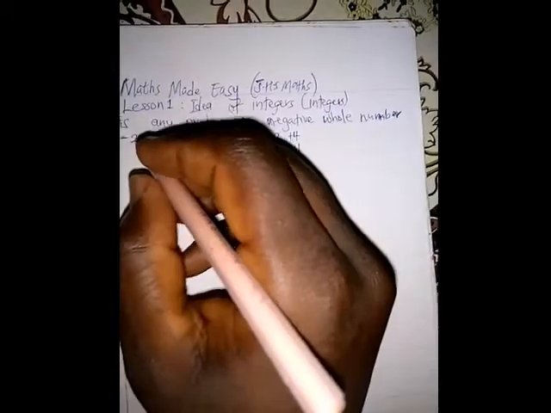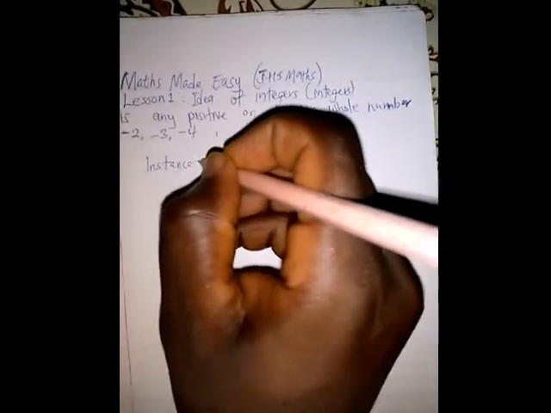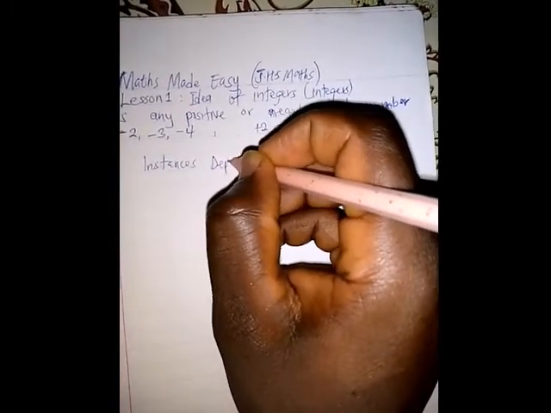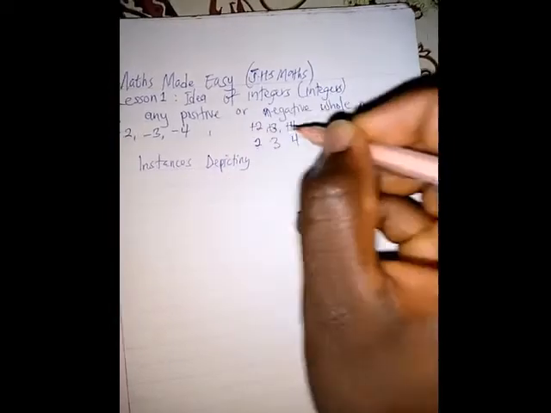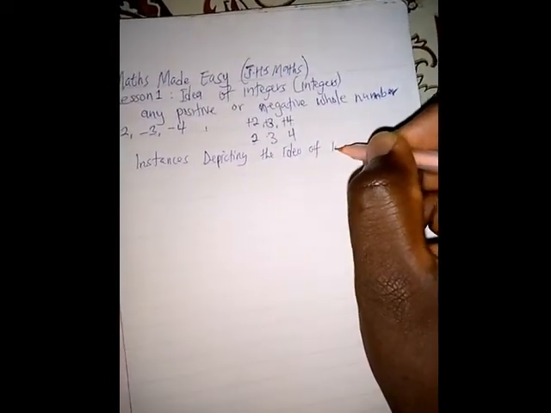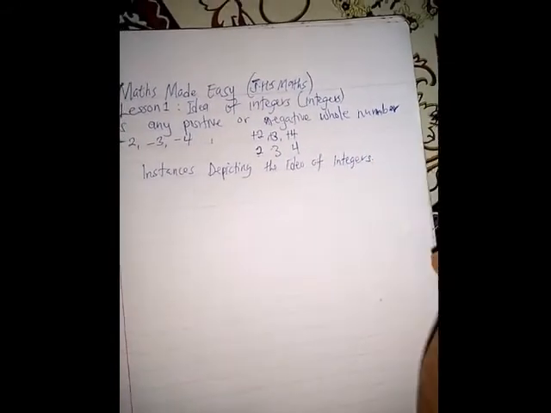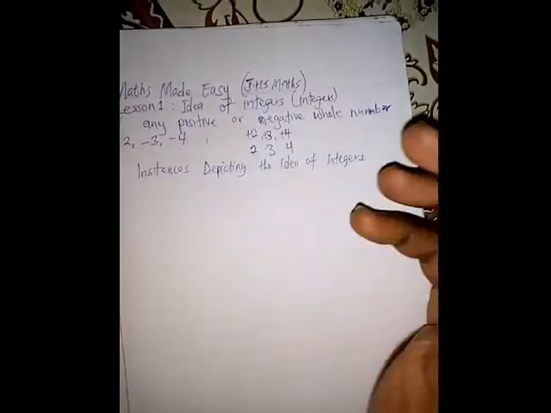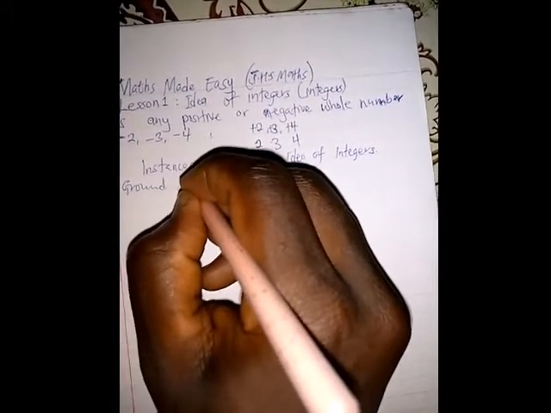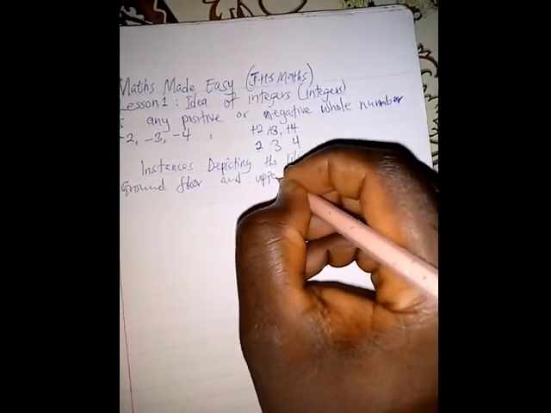And we also have instances depicting the idea of integers, which is the negative and the positive aspect. So we have ground floor, as in a mansion, and upper floor.